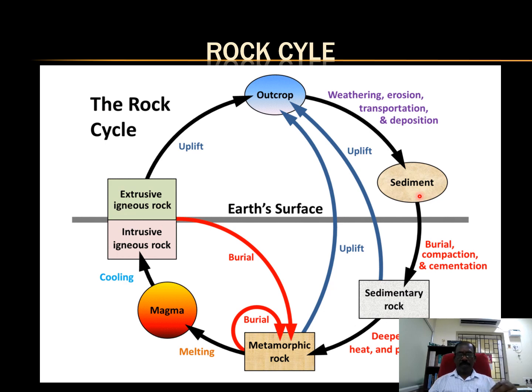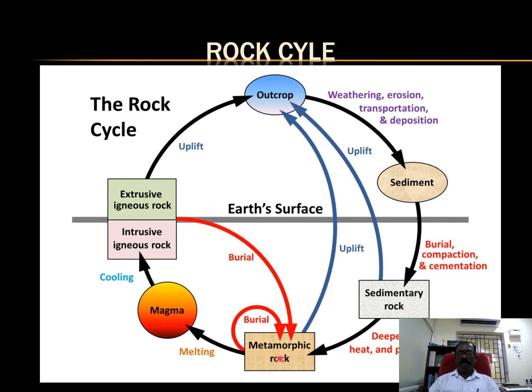When it goes through the process of compaction and cementation, it goes down, that means inside the earth. Those sedimentary rocks, when they go deep, the temperature and pressure increase, then they become molten material or are converted into metamorphic rock.